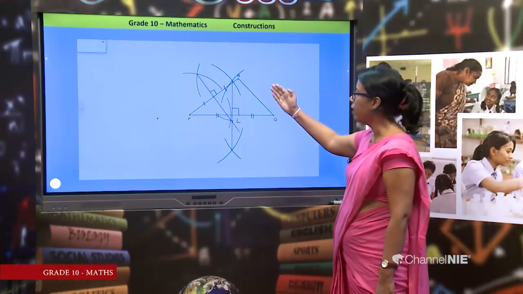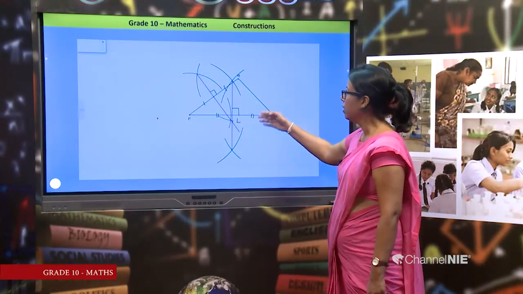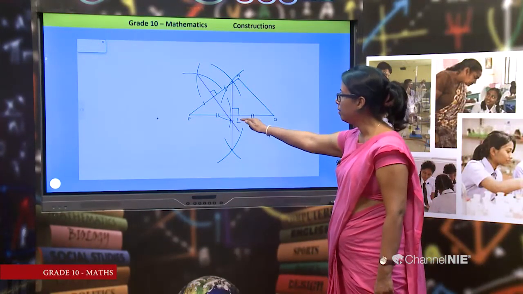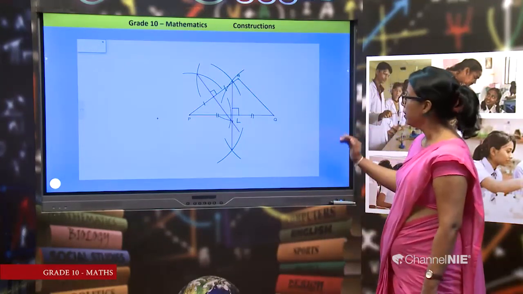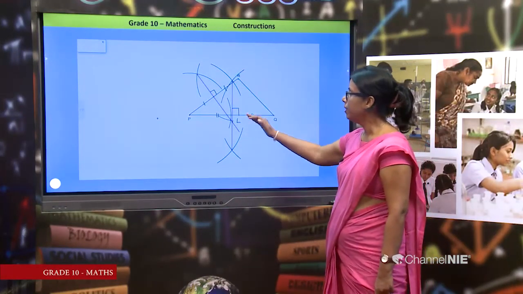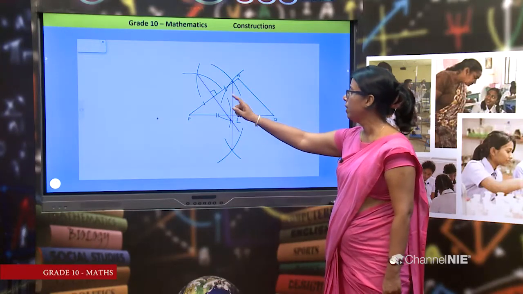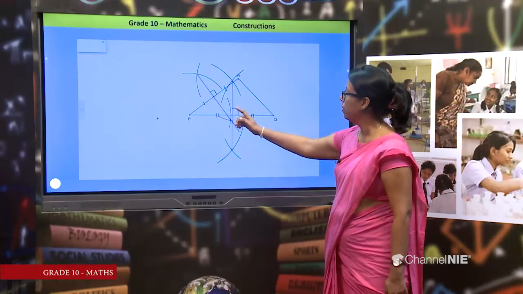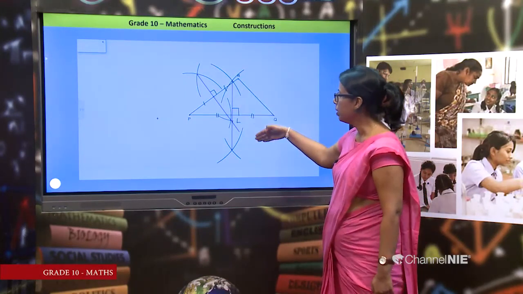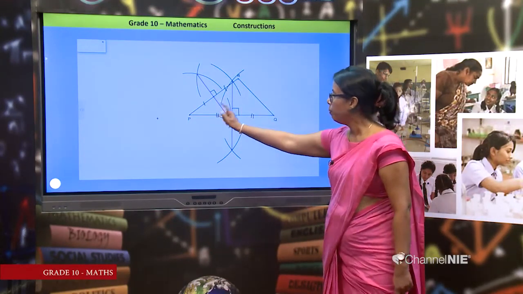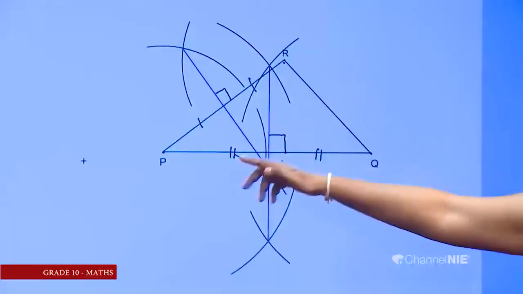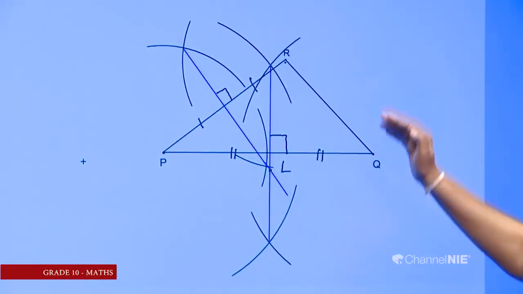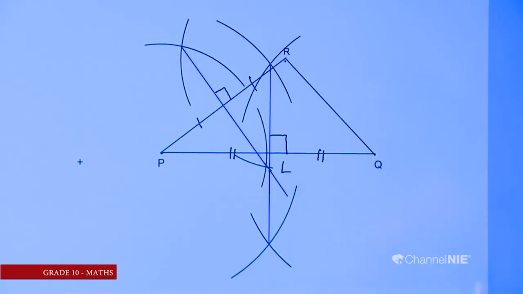Equidistant to P and R, this is the locus. Now, there is a common place that satisfies both conditions. Equidistant to P and Q, this locus. Equidistant to P and R, this locus. Equidistant to P, Q and R, that is the point L.